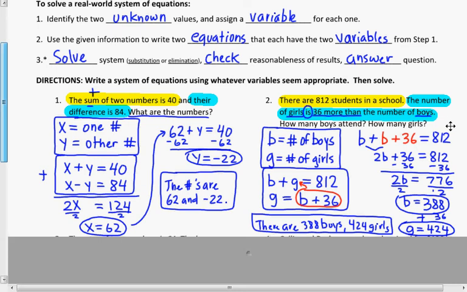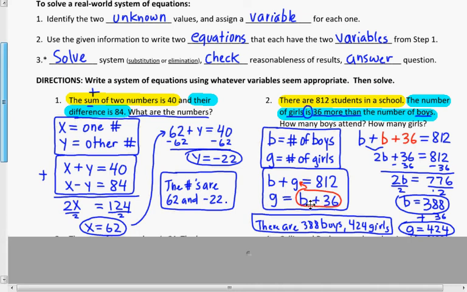So that sentence there, if I just take it literally and translate it, the number of girls, that's G, is, that's equals, 36 more than the number of boys. Well, that means add 36 to B, the number of boys.